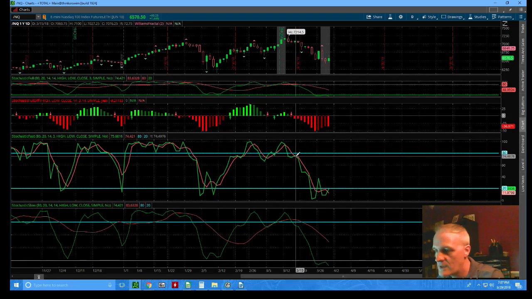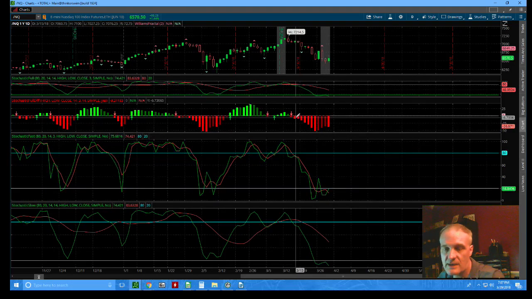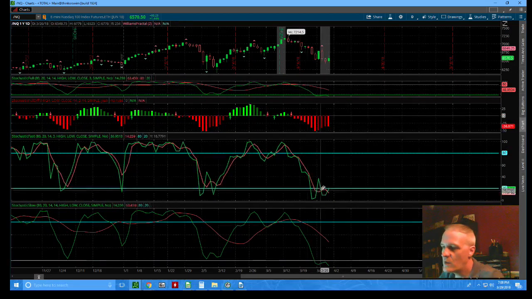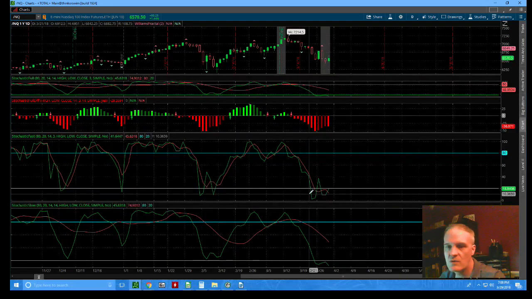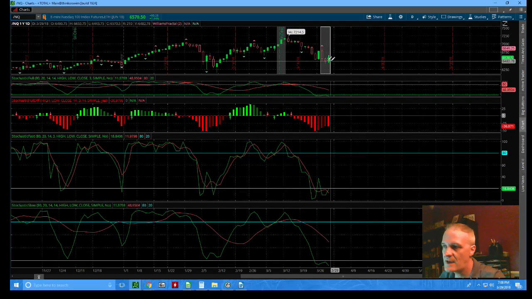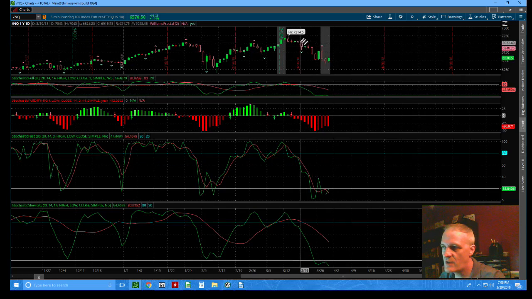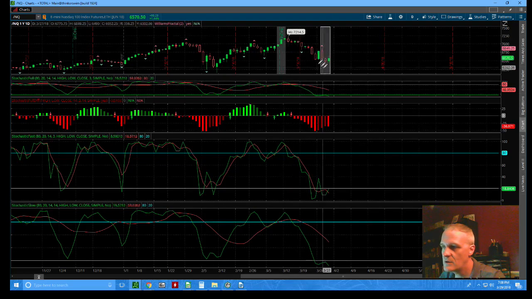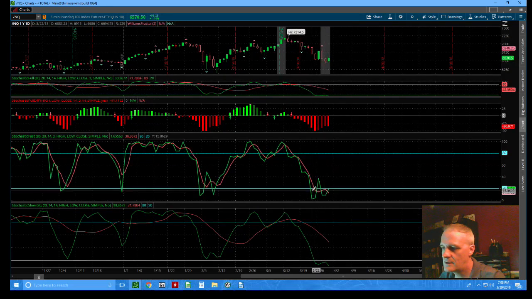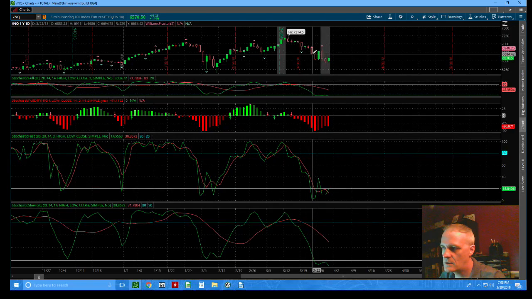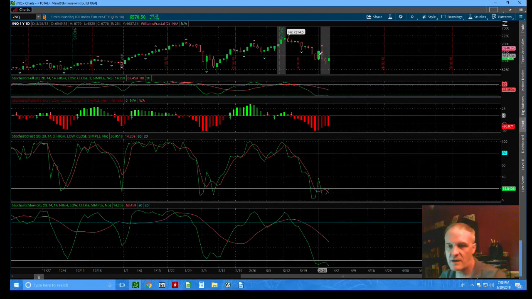You might not want to take a crossover as an exit signal and an entry signal into the opposite side of the trade. You might want to wait until your fast K crosses below oversold to close your position. And you can see, if you had done that here, you would have had a nice profit. You would have moved from about here down to about here or so. That would have been a nice move.